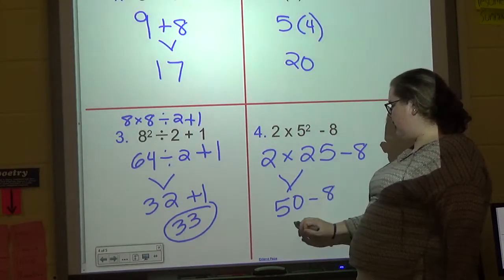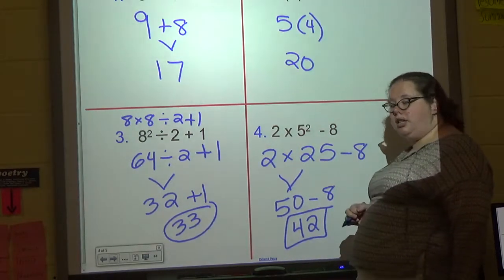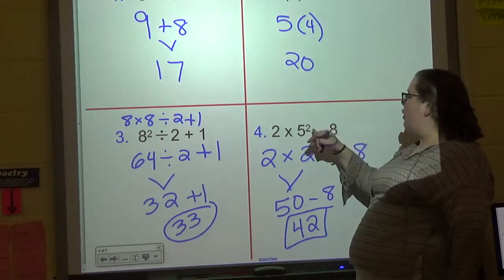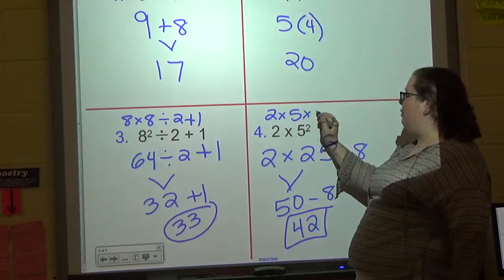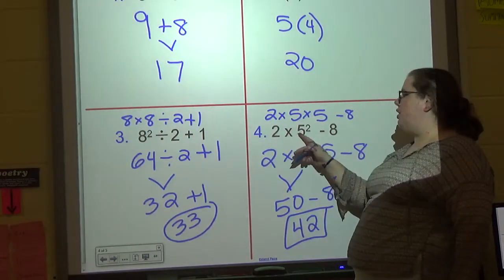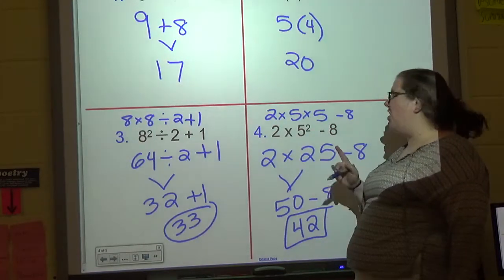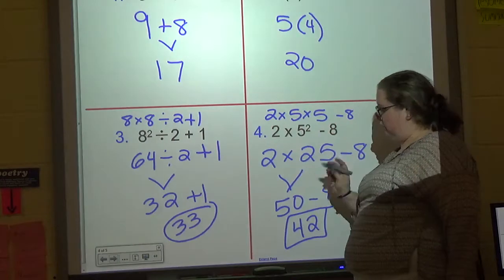Minus 8 is 42. And that's it. All set. So again, if you turned this into 2 times 5 times 5, that would also be correct. You would get the right answer. But if you tried to do 10 squared, that's 100 minus 8, that's 92. Not going to happen. Not right.